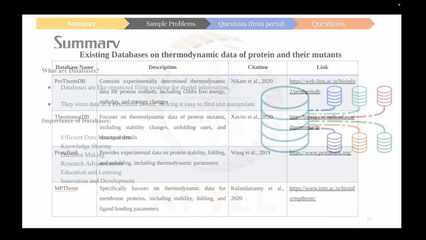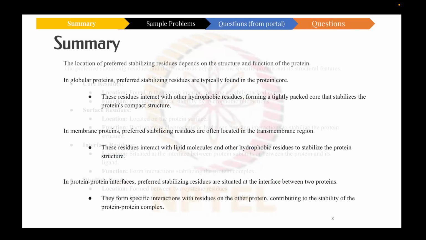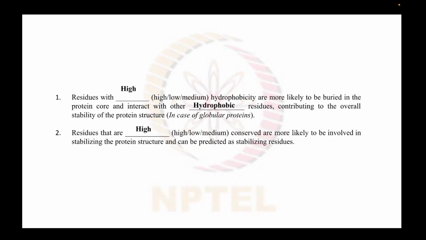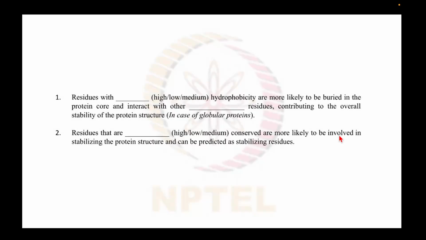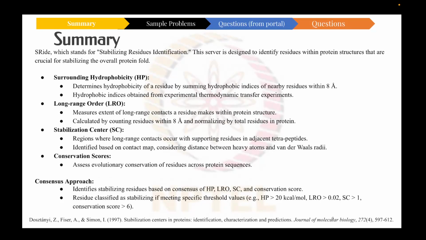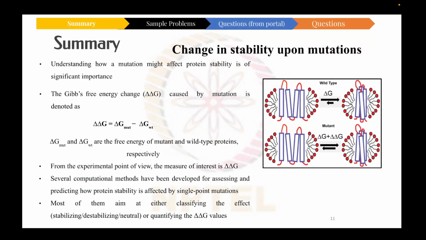We studied in the initial slides that the hydrophobic effect, hydrogen bonds and van der Waals interactions favor protein folding, while the chain conformational entropy opposes the folding because of the loss in entropy that happens with the protein in the folded state.